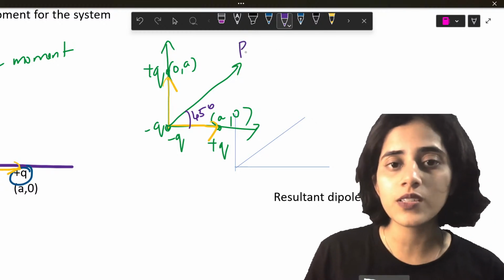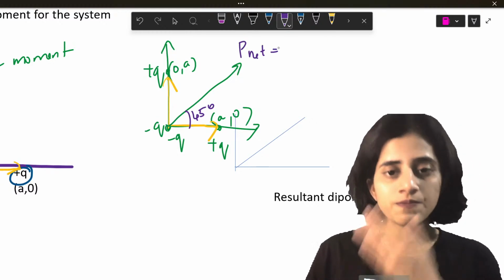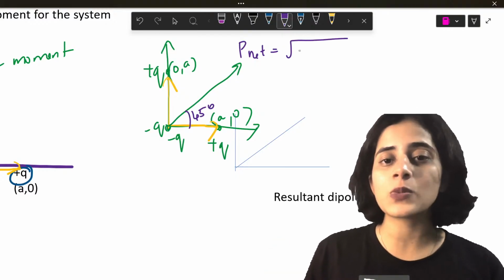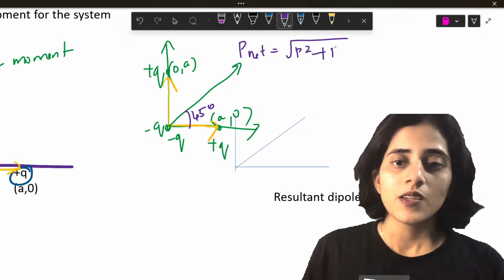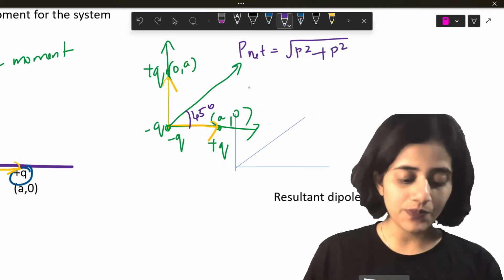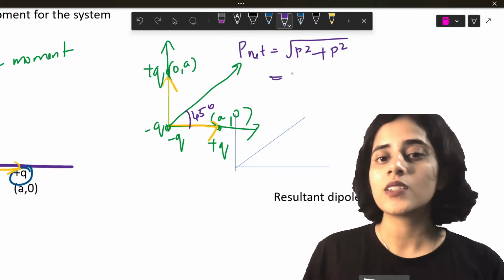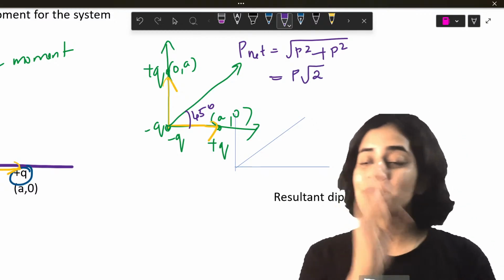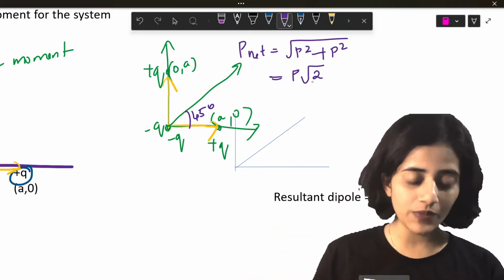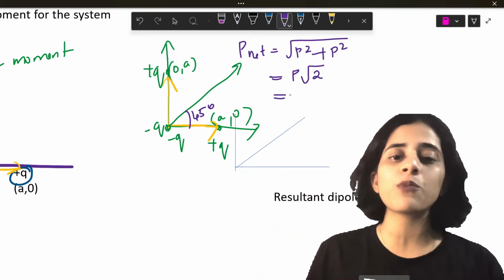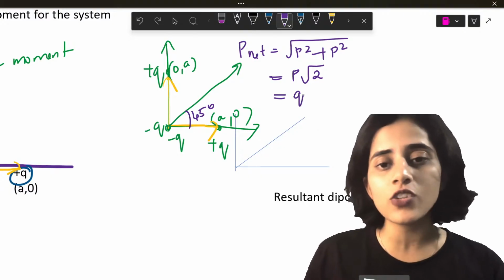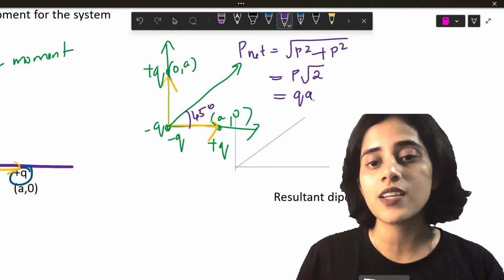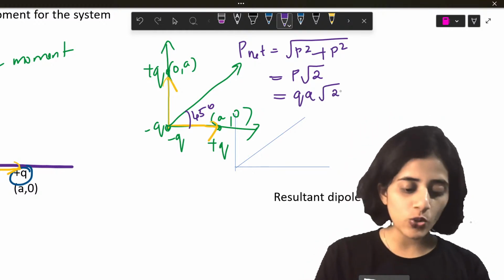The value P net, using Pythagoras theorem, using resultants, will be square root of p square plus p square, which is 2p square, which is basically p root 2. Now, what is p? P is the dipole moment. And what is the dipole moment? The charge into the separation. In both the cases, the separation is a. So, it will be qa into root 2.